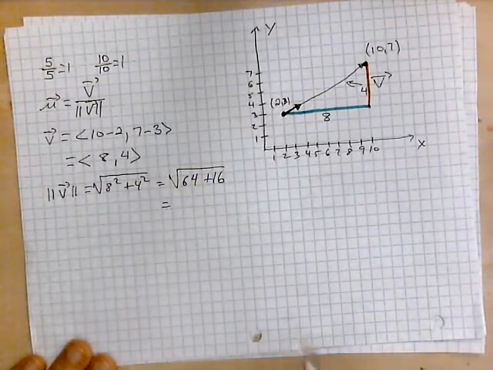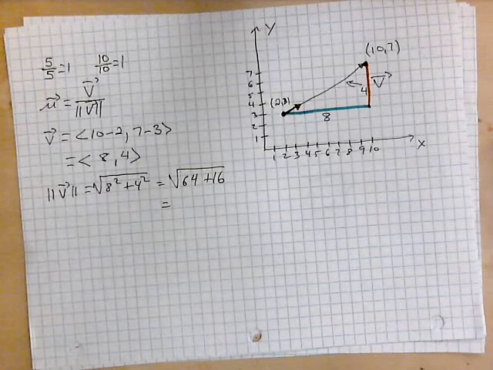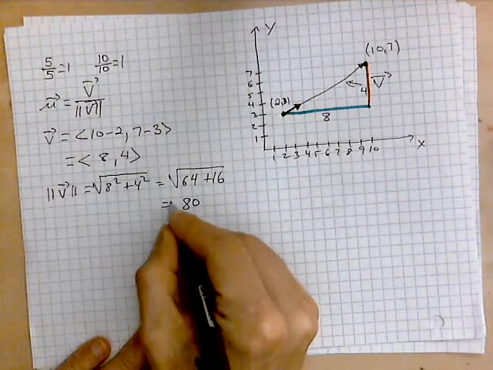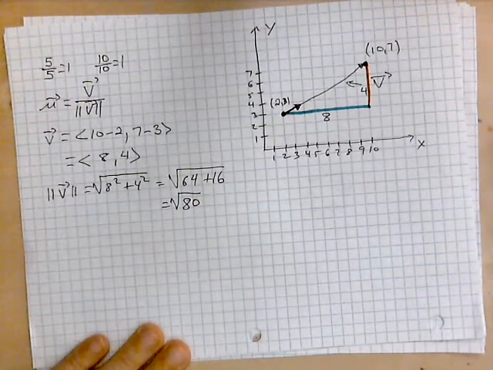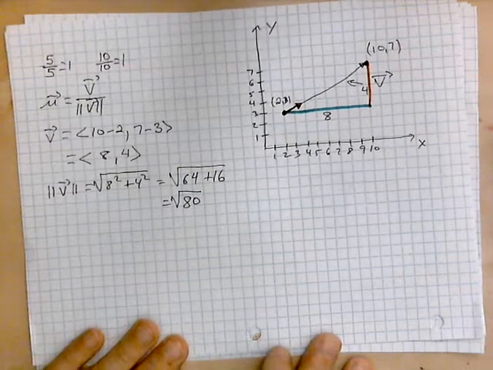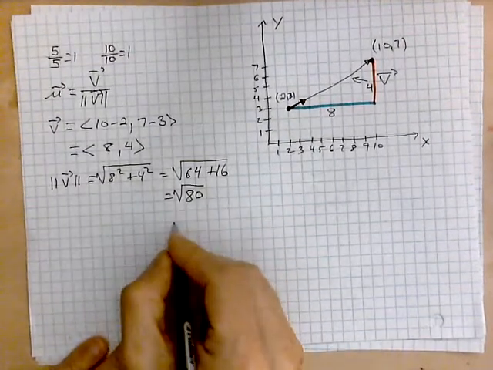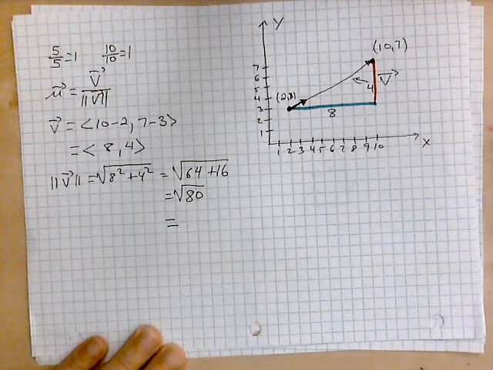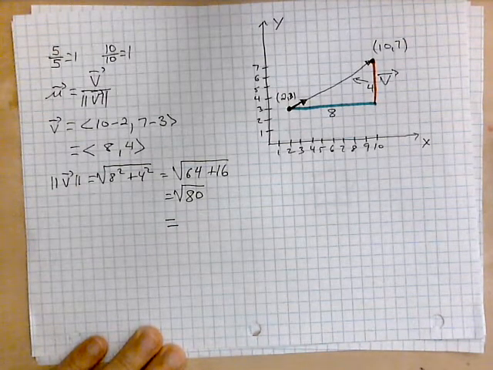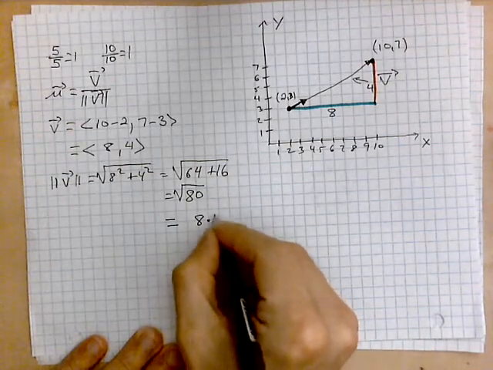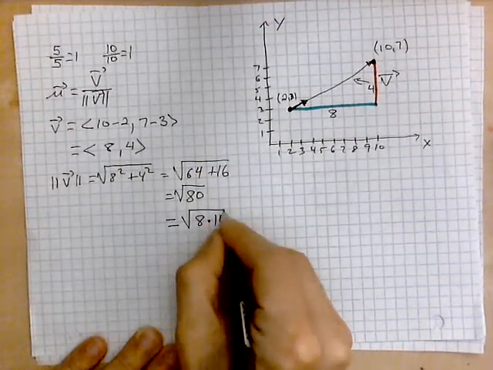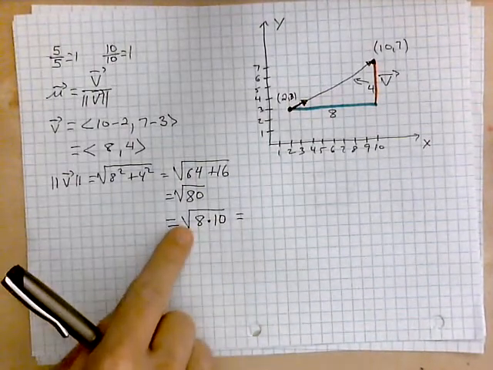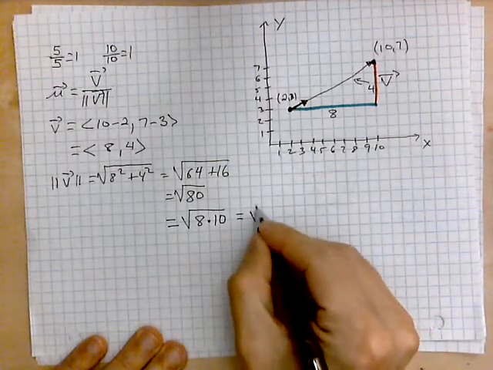This is the same as this number here. So let's simplify this. Here's the number 80. So you can begin anywhere you like, but you might, for example, write 8 times 10 square root, and then observe that this operation can be distributed to each number individually.